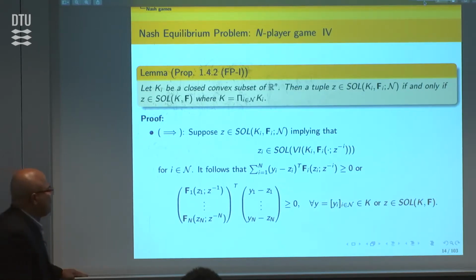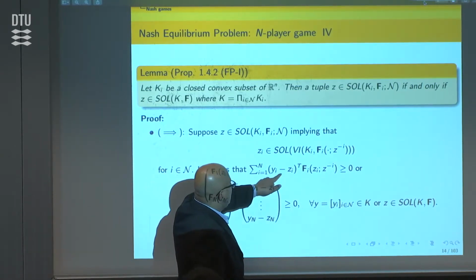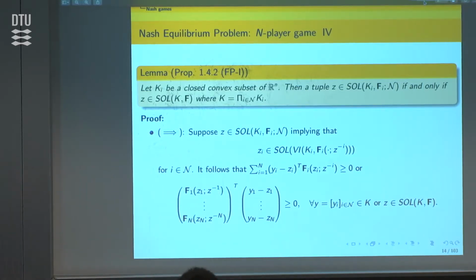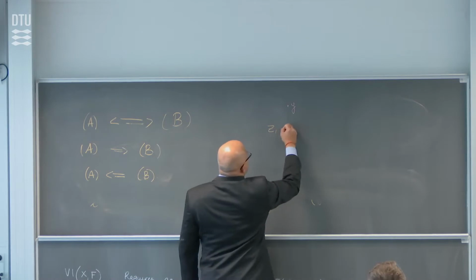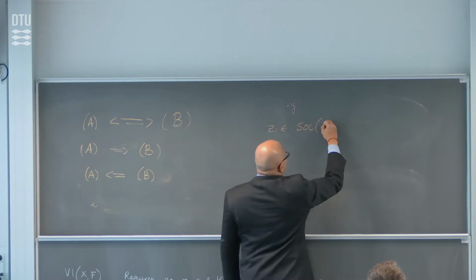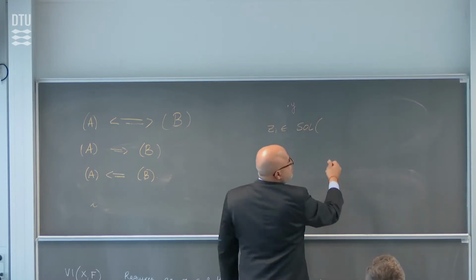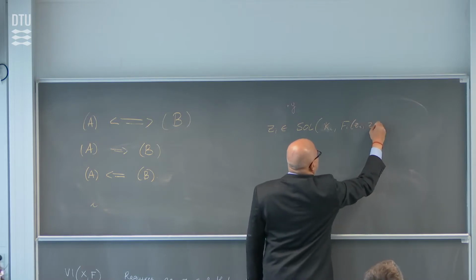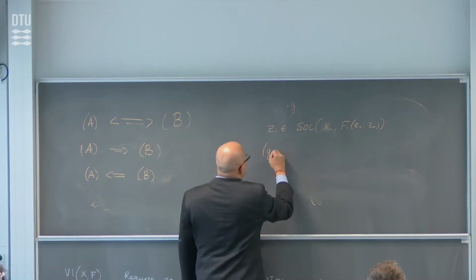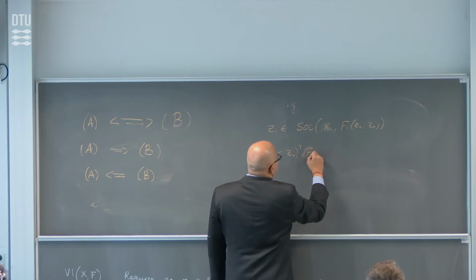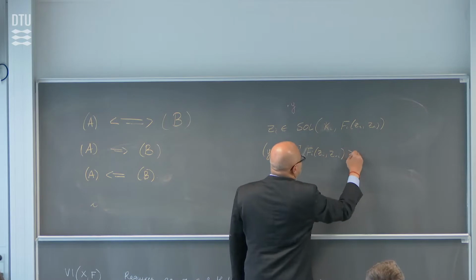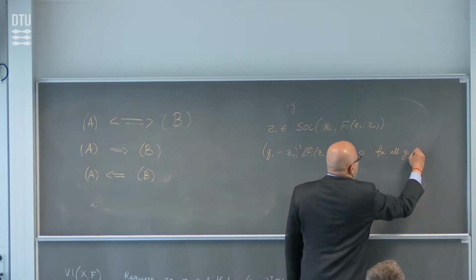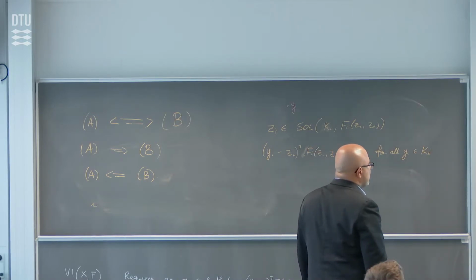Now, if Zi lies in the solution set of this, then this means that (Yi minus Zi) transpose Fi(Zi, Z minus i) is greater than or equal to 0 for all Yi in Ki.